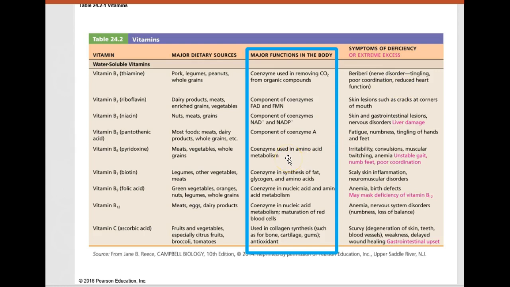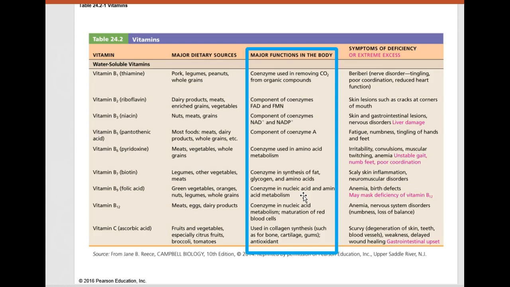B6 is required for amino acid metabolism, and we've also seen that in chapter 17 along with B9 and B12 used in the process of red blood cell formation. B9, which is also called folic acid, is important in metabolizing our nucleic acids, the DNA and the RNAs, and amino acid metabolism, which is what we use to make proteins.